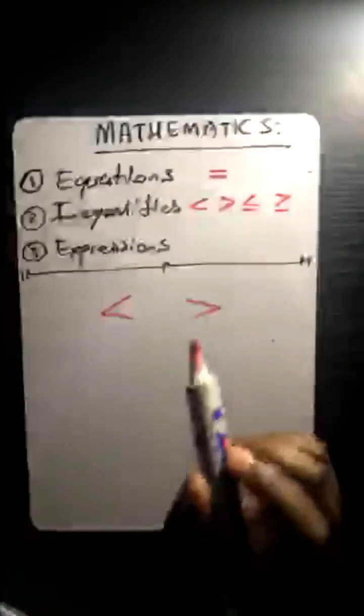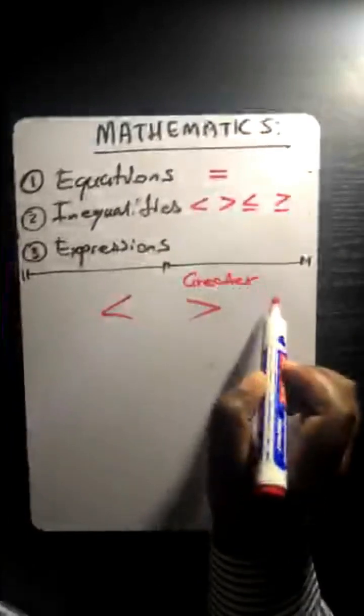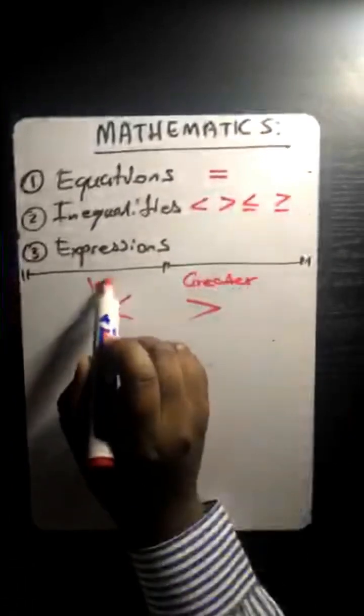I was about to say, I'm right-handed, so my right hand is greater in energy. Obviously, left is less in energy.